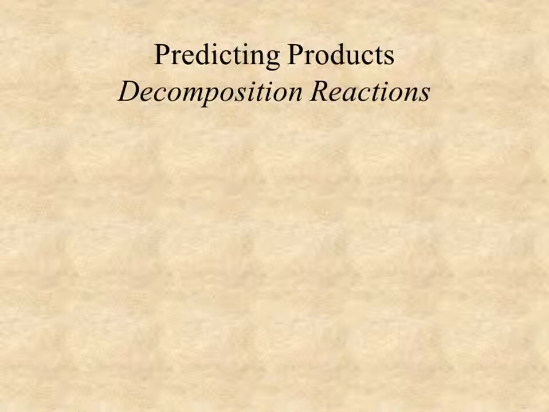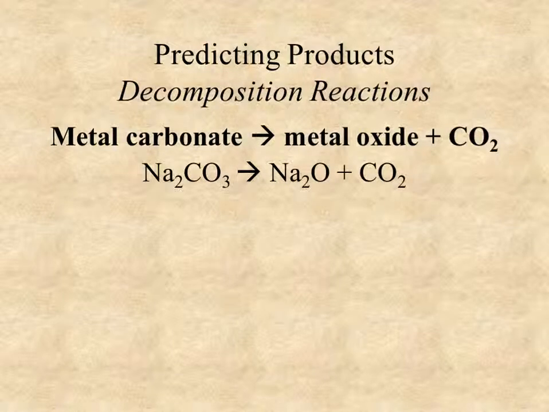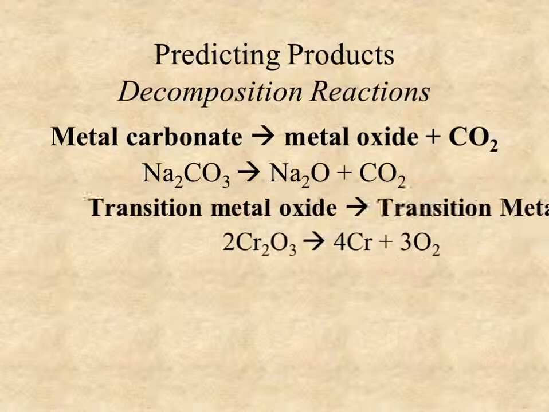For decomposition reactions, the exact products that we would predict for these reactions depends upon the type of substance that is decomposing. For instance, carbonates typically decompose to form carbon dioxide gas. So if we have a metallic carbonate such as sodium carbonate, we get the carbon dioxide, that's the given product, but the co-product is also a metallic oxide, and in this case would be sodium oxide.